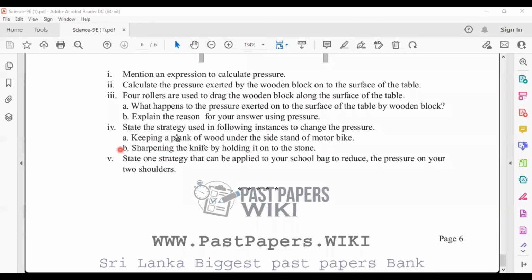Next question. State the strategy used in the following instances to change the pressure. Keeping a plank of wood under the side stand of a motorbike. By using the plank of wood, the pressure exerted onto the floor is going to be decreased.